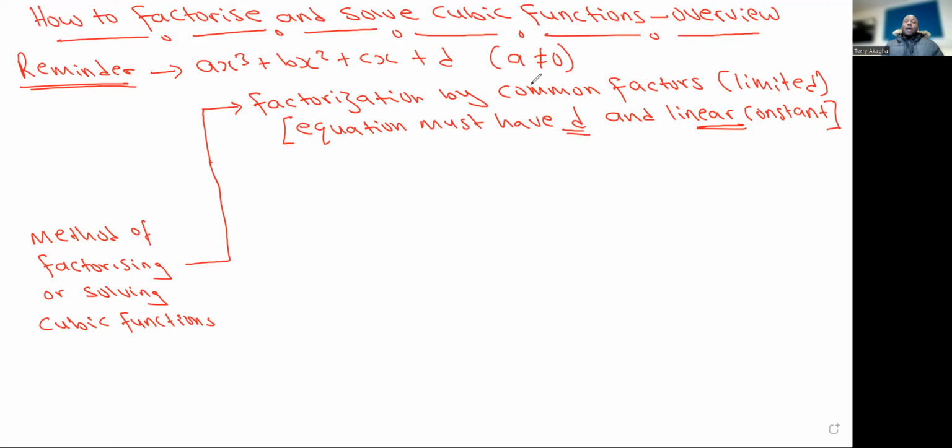So something like 3x cubed plus 4x squared plus 6x plus 5. There must be a constant there as well as D. Is that okay? Number 2 is the method called the factor theorem and long division.